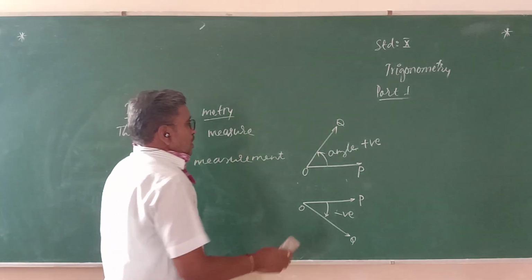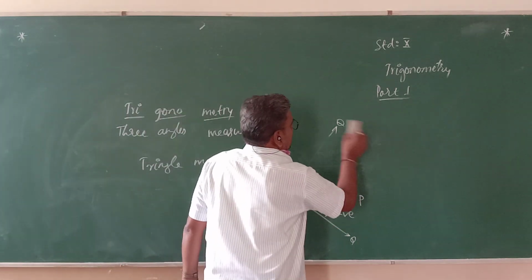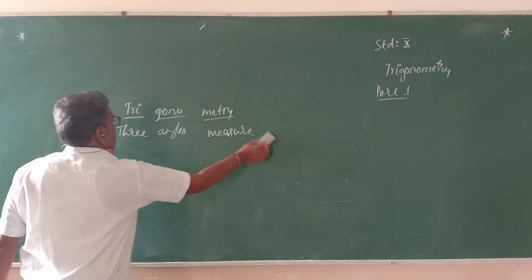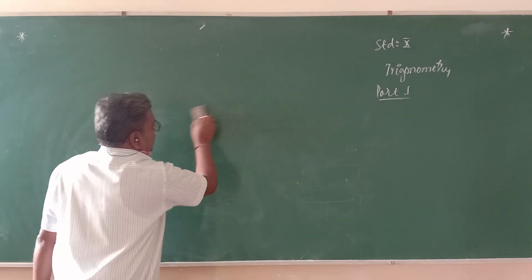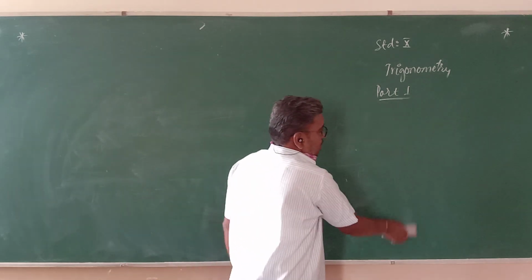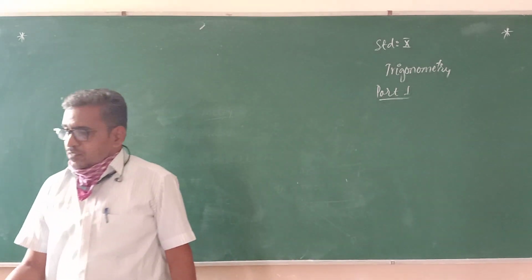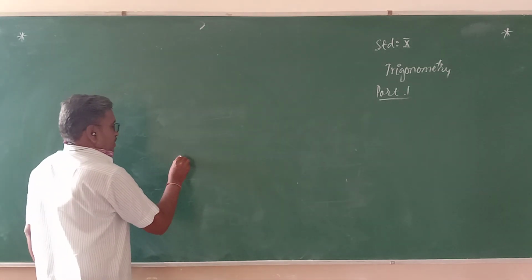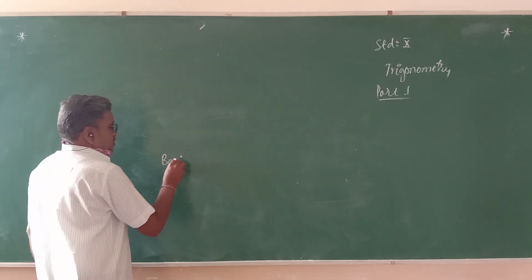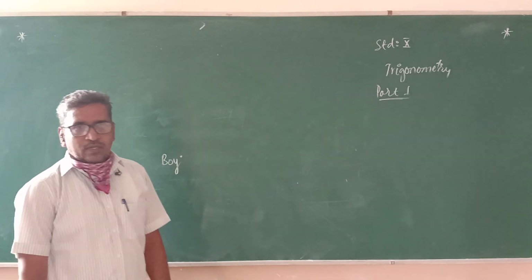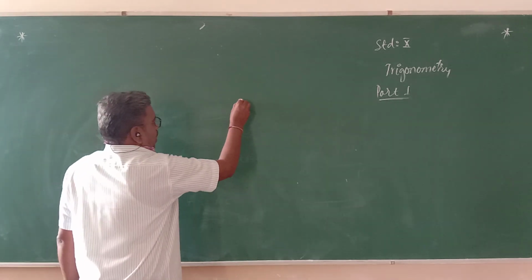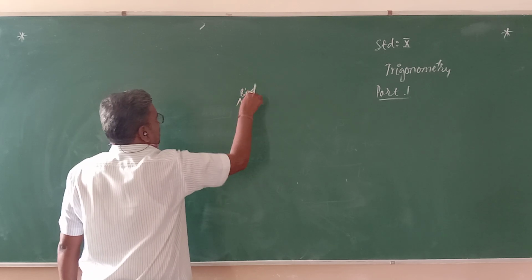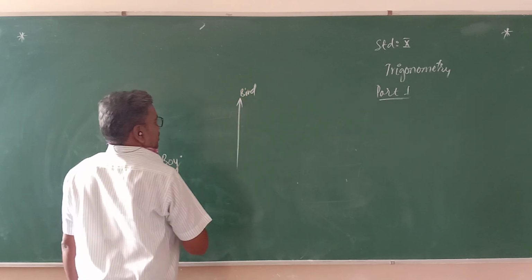So now we are coming to the part: what is trigonometry, and how are we going to use this new chapter in our daily life? A boy is standing on the ground. He is seeing a bird which is sitting on a tree.